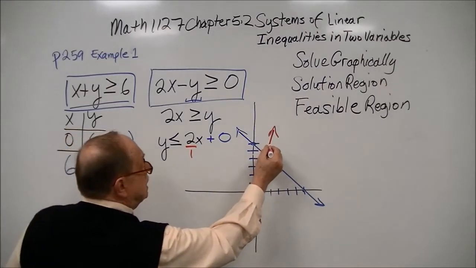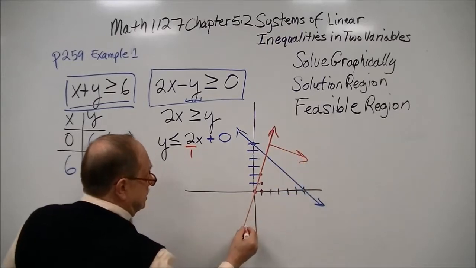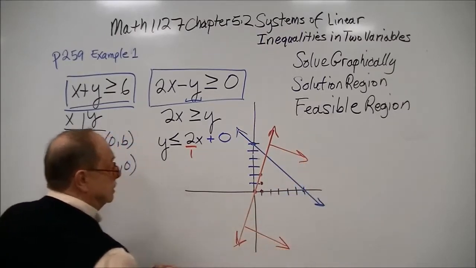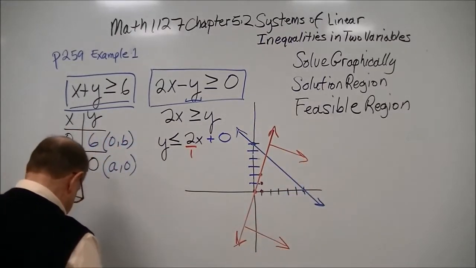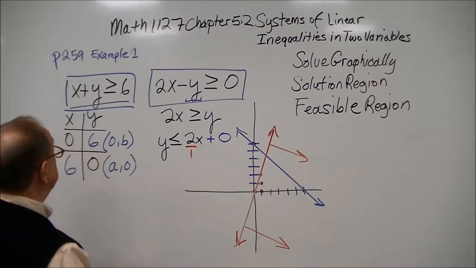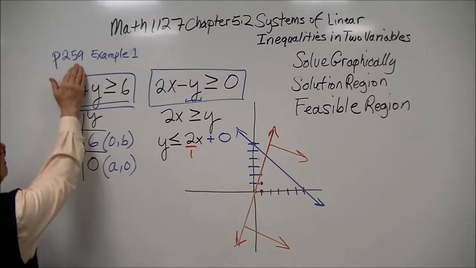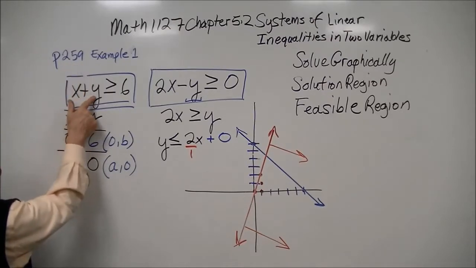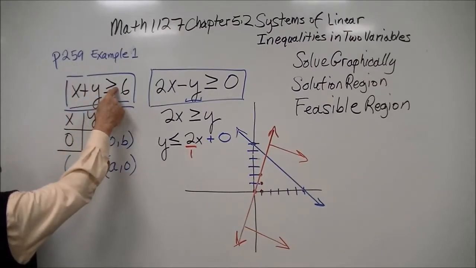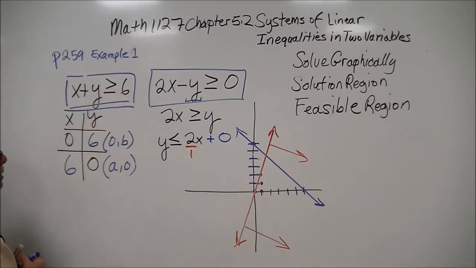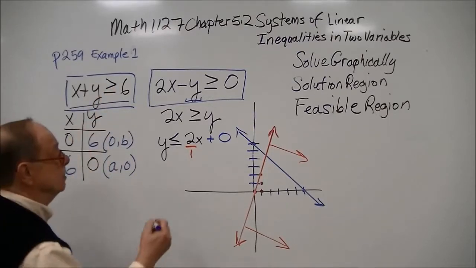So we're shading in this direction. Now, in this case, we have a positive y is greater. So we're going to shade above the blue line.